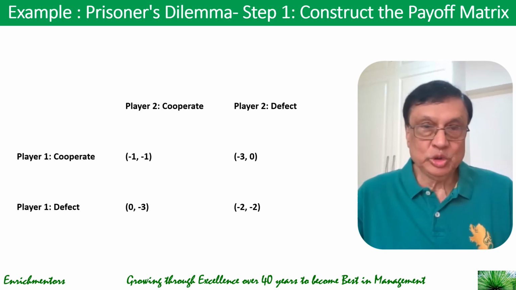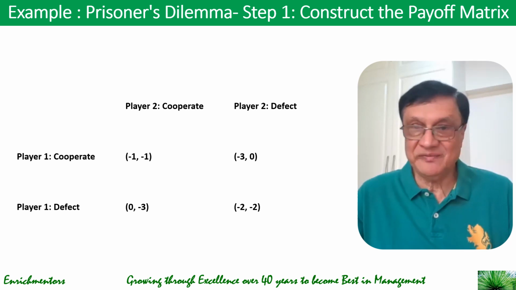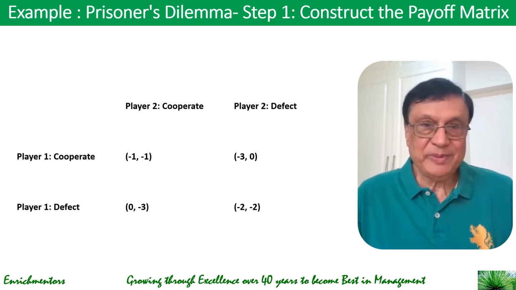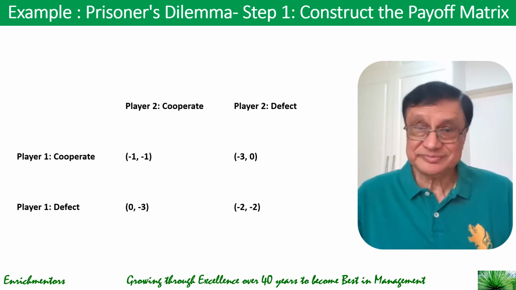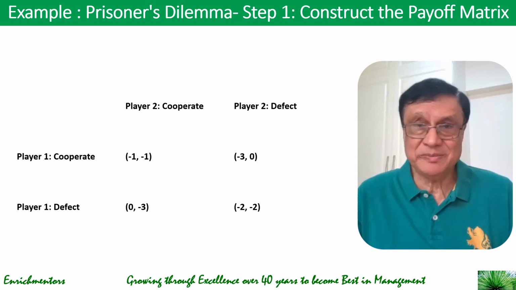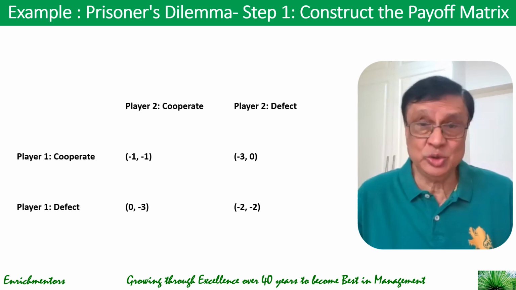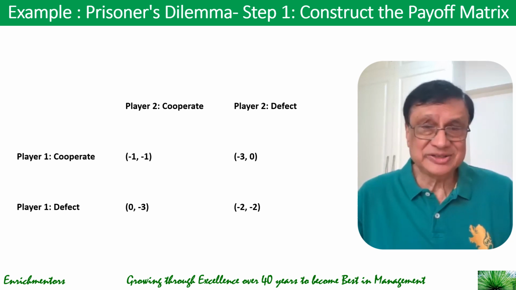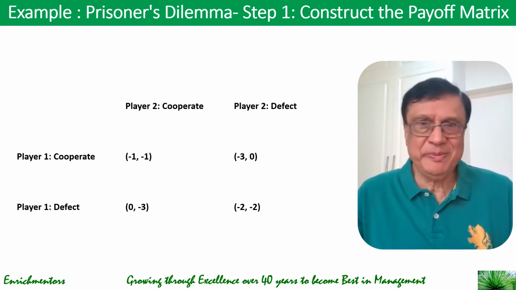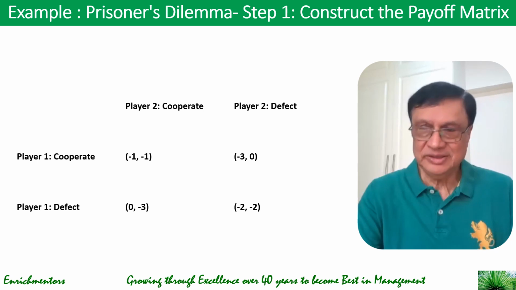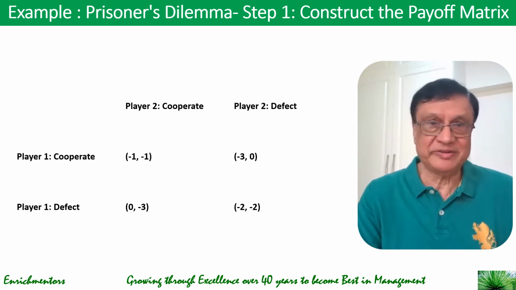If both players do not cooperate, they defect, they confess, both get a higher sentence of 2 years. If player 1 cooperates, in terms of remaining silent, but player 2 defects, the first player gets 3 years of imprisonment, the second goes scot-free, and so on. So that's the payoff matrix. We have constructed the payoff matrix.